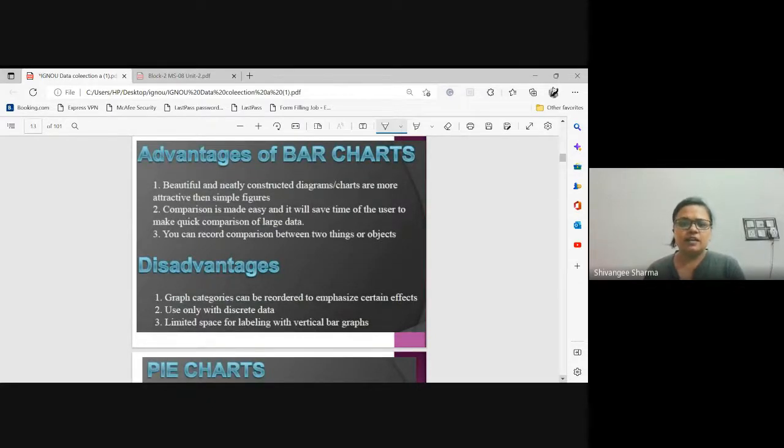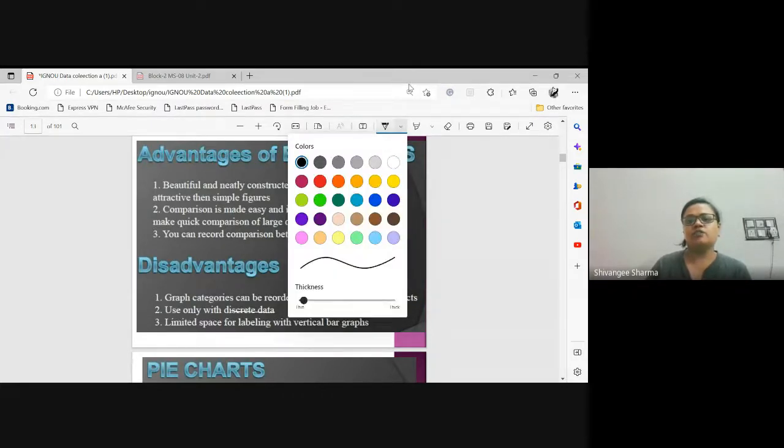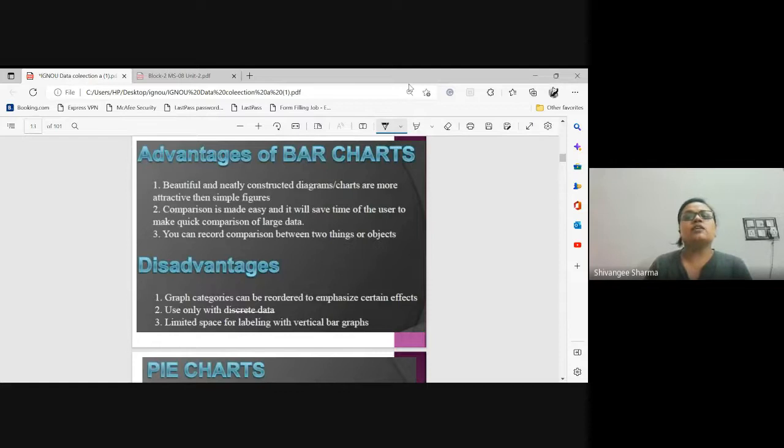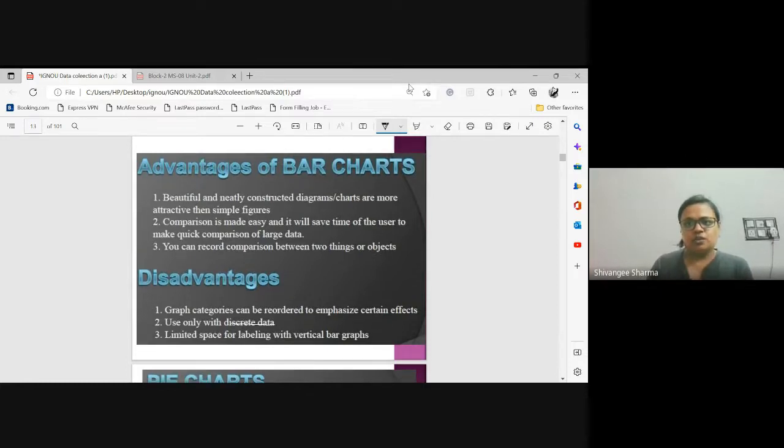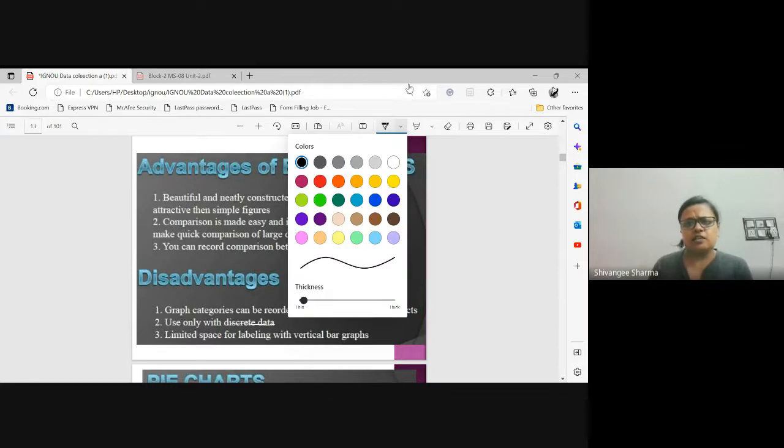The disadvantages are it can only be used with discrete data, right? So what is this discrete word which I have used here? See, when you are collecting data, then you are summarizing your data. So there are three types of data set which we basically use in all statistics.